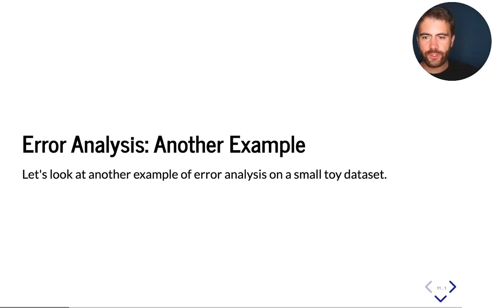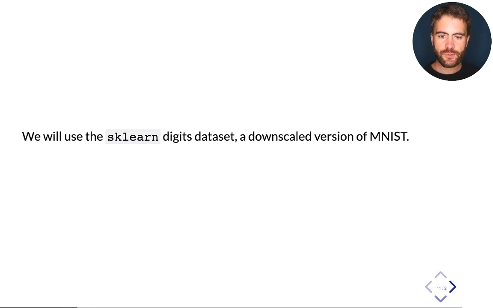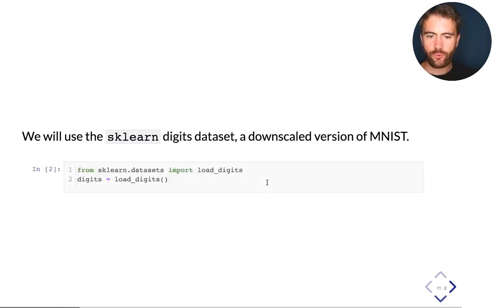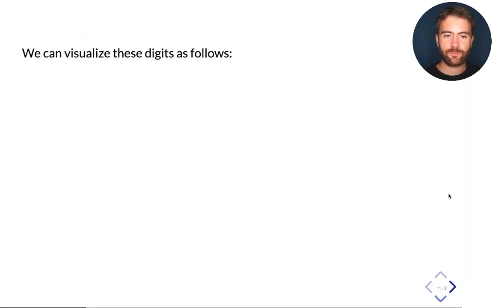Now, let's look at one last example of error analysis on an actual data set, on code that I'm going to execute in this notebook, or in these slides. So I will walk through one more example that involves the digits data set from scikit-learn, which is a downscale version of the MNIST digit data set.